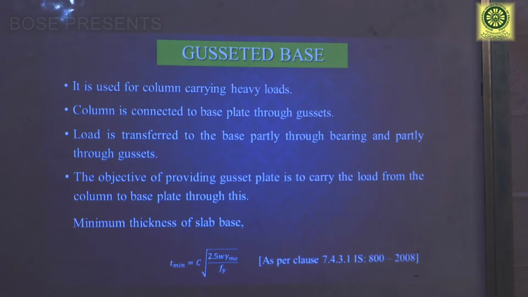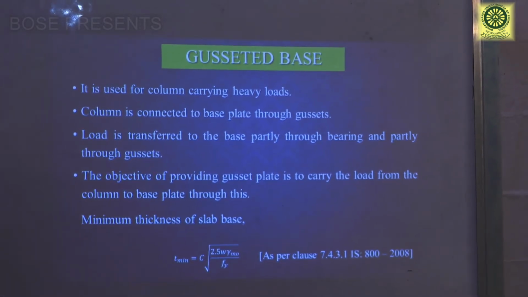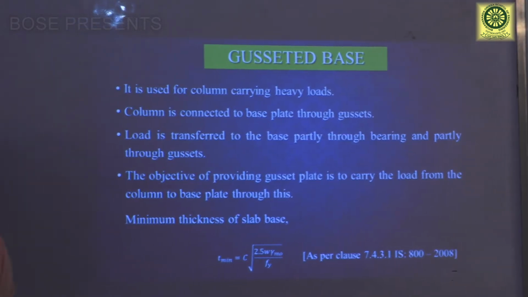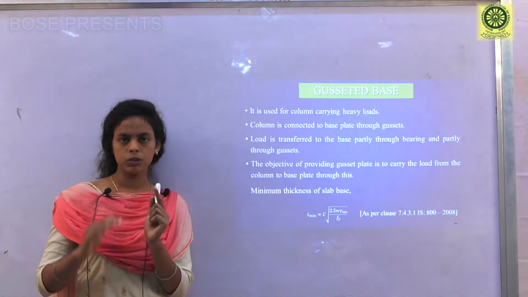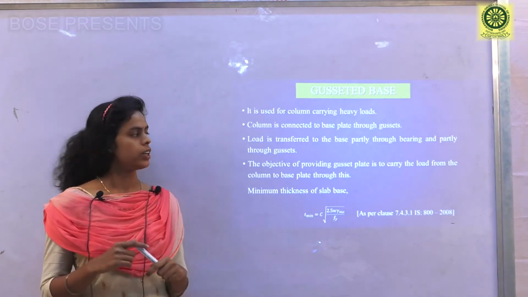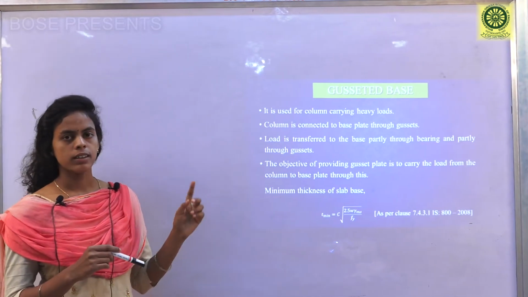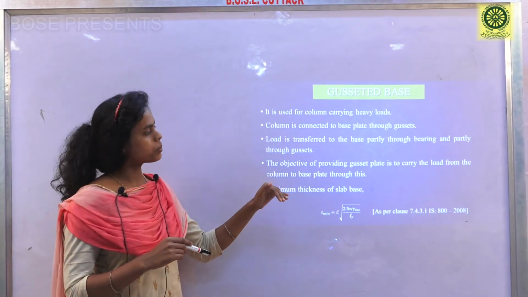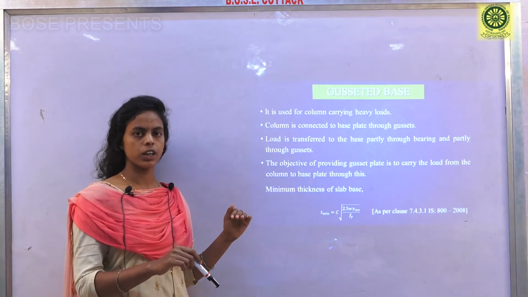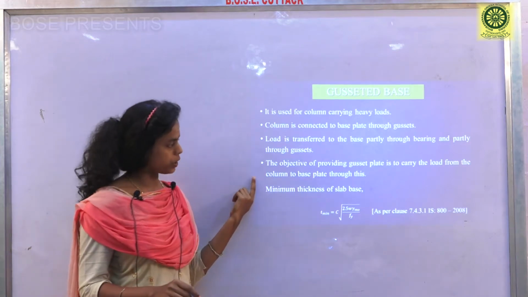Then gusseted base. Gusseted base is used when the column carries heavy loads. Here in gusseted base, a gusset plate is used to connect the column to the base plate. So the load is transmitted to the concrete block partly through the gusset and partly through bearing action.